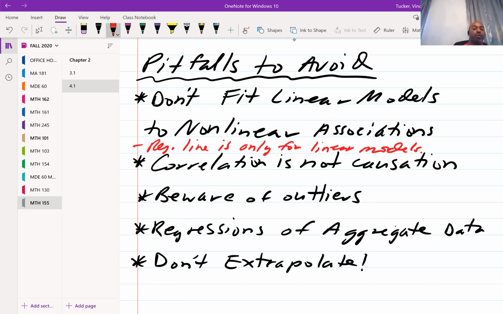That means your regression line will be affected by outliers, because remember, part of your regression line calculation is r, which is your correlation coefficient. So be aware of outliers. Aggregate data is just another way of saying groups of data. A lot of times regression lines are used for groups of data.